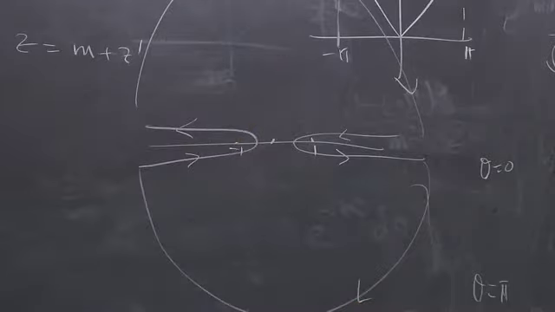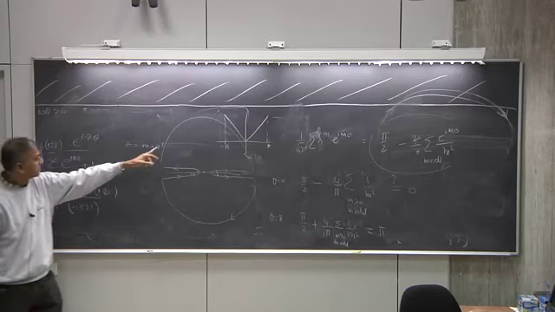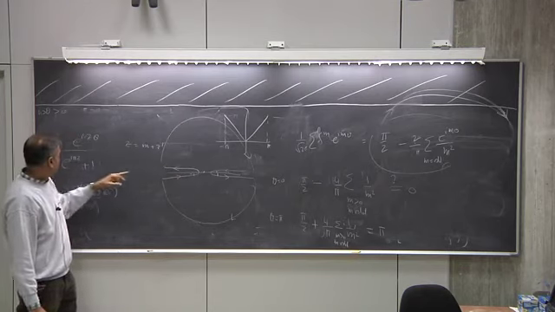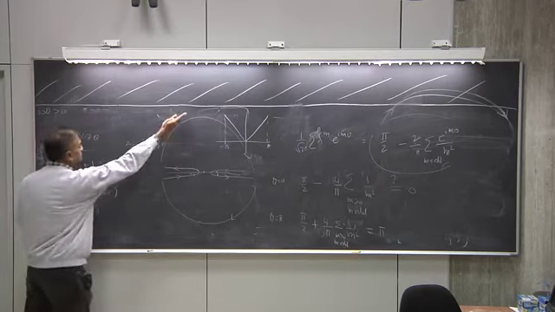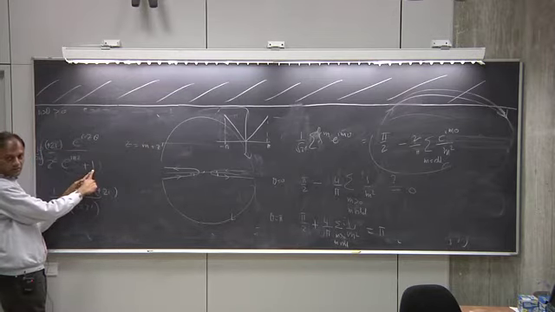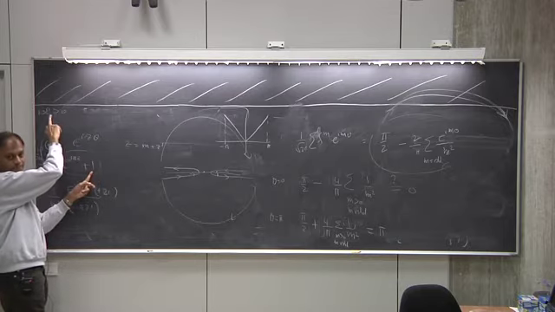And as I described before, because theta is in the range between 0 and pi, there is no problem with this suppression. In the upper half part, this is exponentially suppressed, so 1 is the dominant piece and I can forget that. But this is also exponentially suppressed because theta is positive.